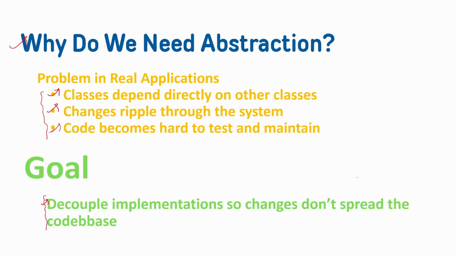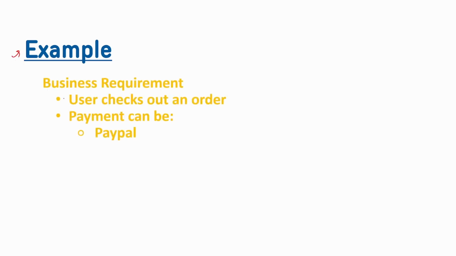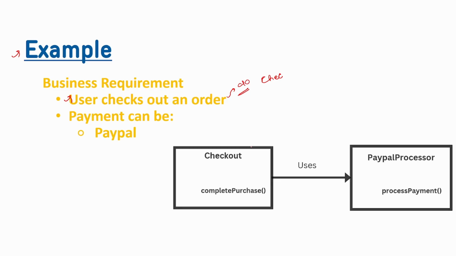So what is the need of abstraction? The need of abstraction is basically to decouple the implementation so that changes do not spread across the code base. Let's study it with the help of one example. Consider one business requirement in which the user checks out an order and does the payment. How can we achieve this? It can be achieved with two classes.